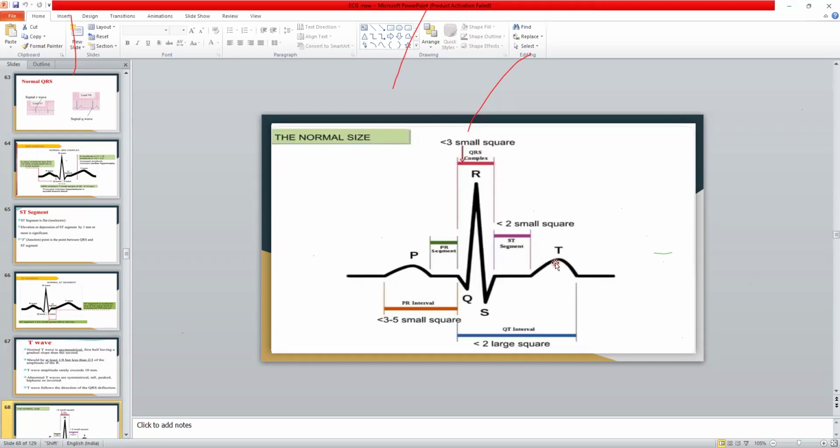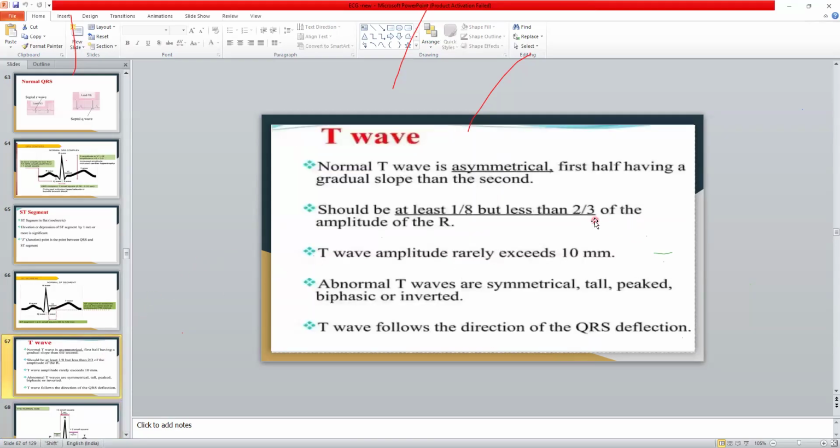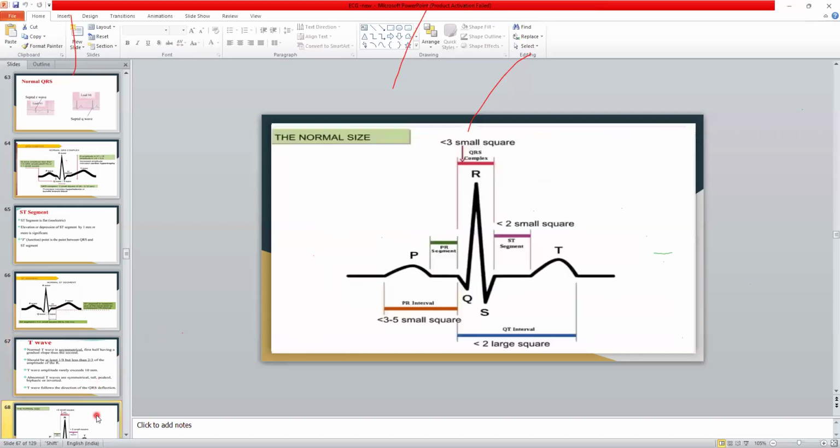It should be more than 1/8 of the R wave, and less than 2/3 of the amplitude of the R. Clear? This T wave follows the direction of the QRS complex. Normal T wave is asymmetrical, but if the T wave is symmetrical, tall or peaked, or biphasic, then it is abnormal.